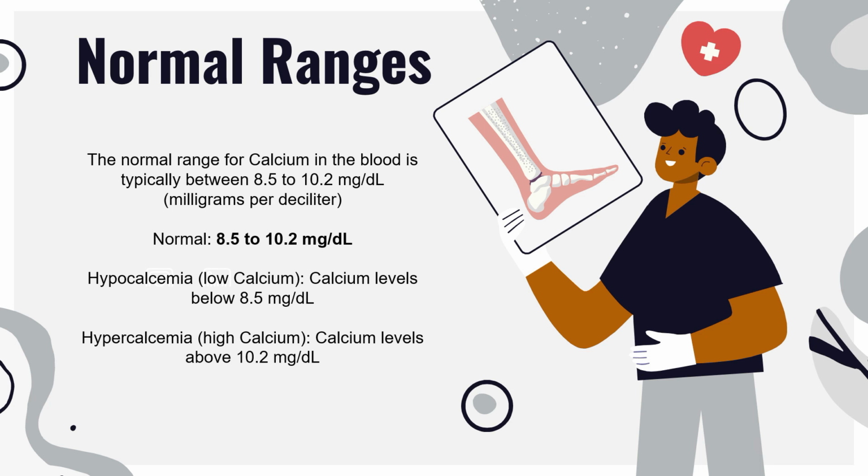And in cases of high calcium levels, known as hypercalcemia, the calcium levels would be above 10.2 milligrams per deciliter. So let's explore these abnormal ranges a little further and see what the particular causes are.